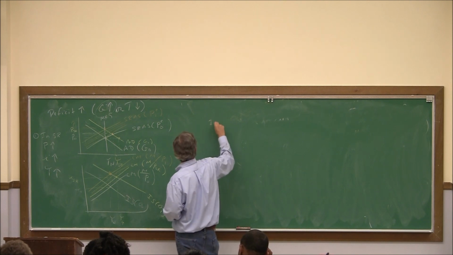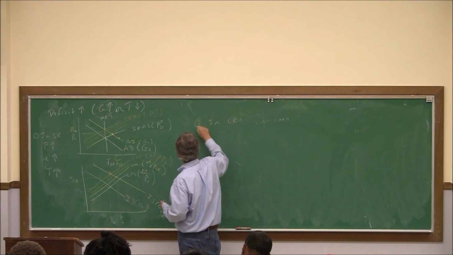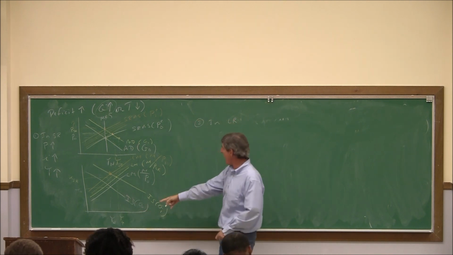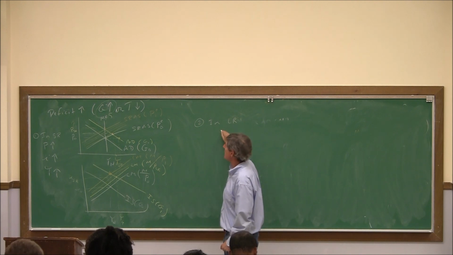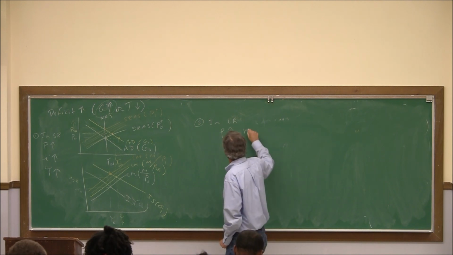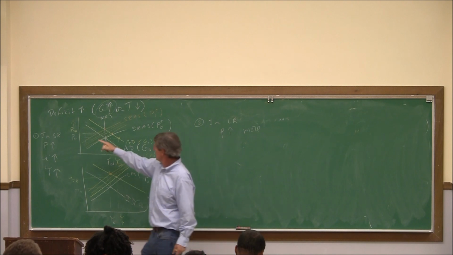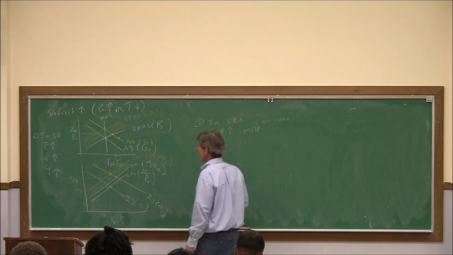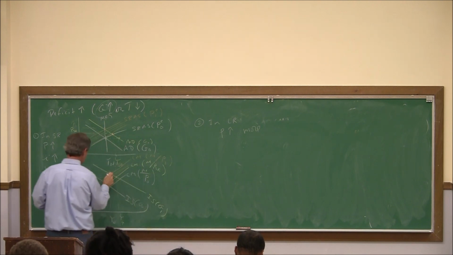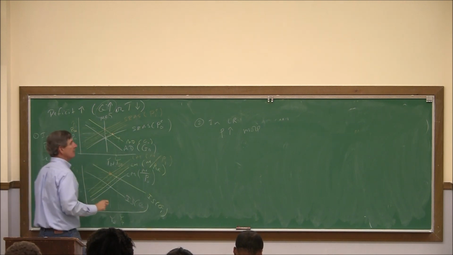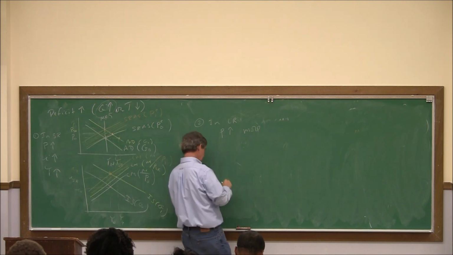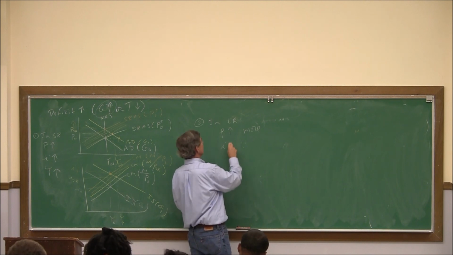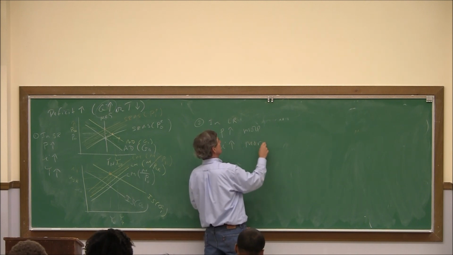So in the long run, what we see is what? What happened to output? Price goes up more. The interest rate, we end up with I1. I goes up more.